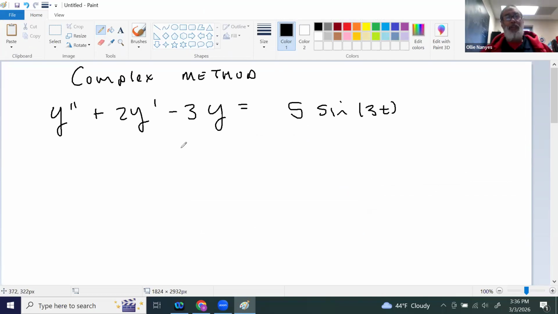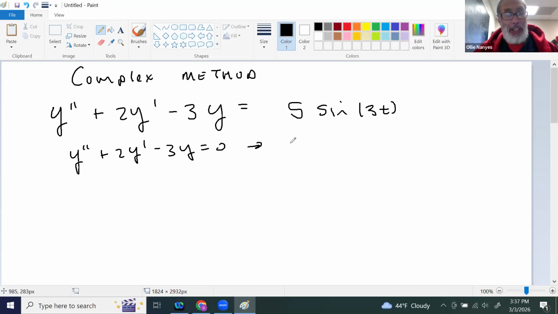Now, if we were going to do this, we would first have to check that this was not part of the homogeneous solution. You can tell that it's not because there is a damping term here, but let's go ahead and just do this anyway. So let's just look at the homogeneous part to find the homogeneous solution.